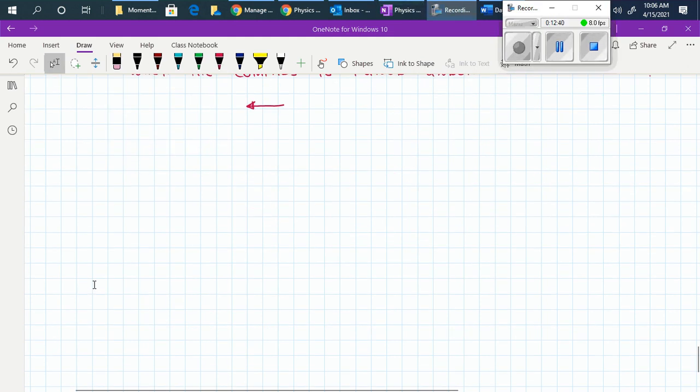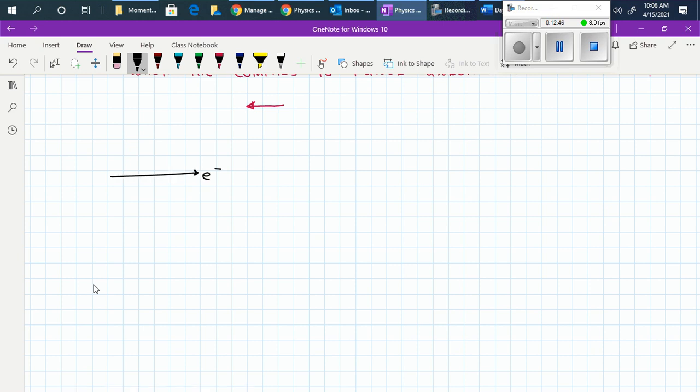So let's do some more examples. Let's say that we have the direction of the electron is this one, then the magnetic field strength will be this way. Because the fingers will be going on the upper part into the page and on the lower part away from the page, or out of the page.